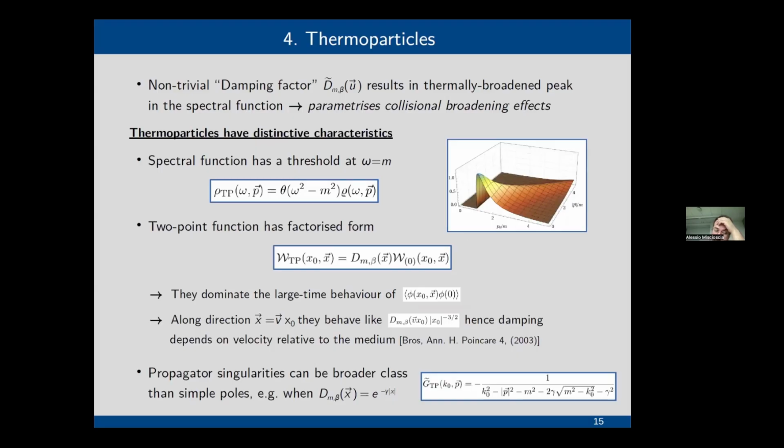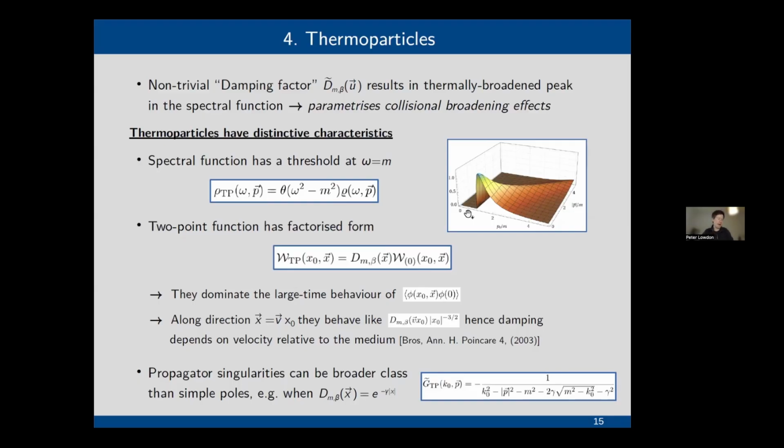Yeah. So what's nice about these thermoparticles is they have a threshold. So they're not some kind of Breit-Wigner peak, but they have a threshold. That means they're exactly 0 below the vacuum particle threshold. This is the vacuum particle mass, and they broaden to the right of this vacuum threshold.